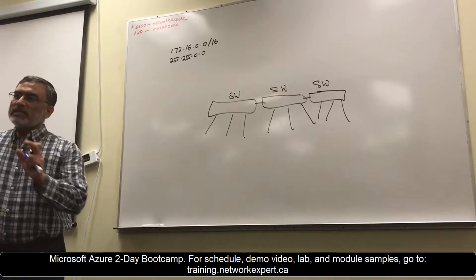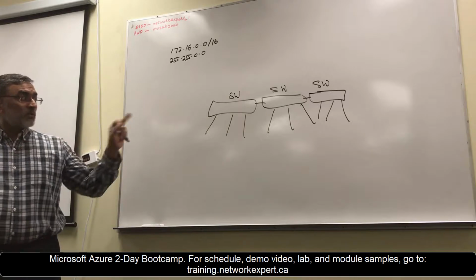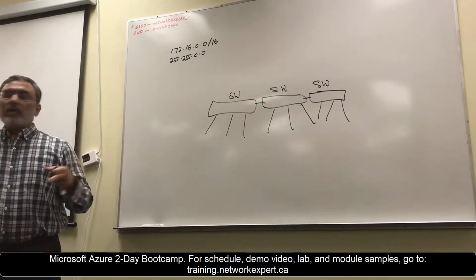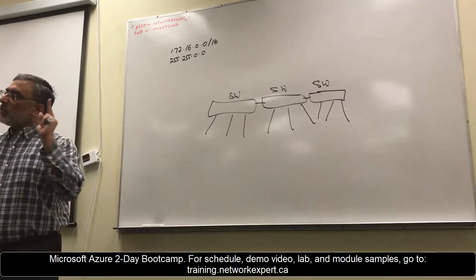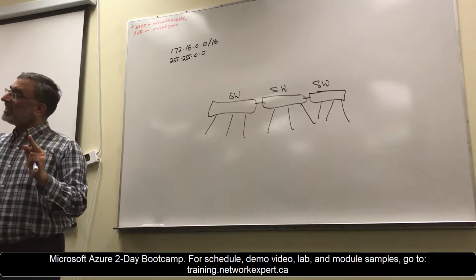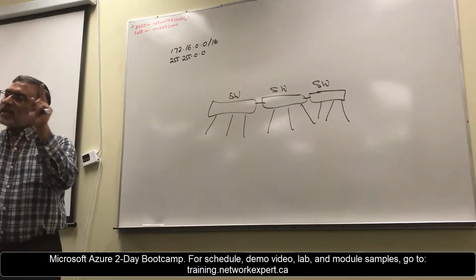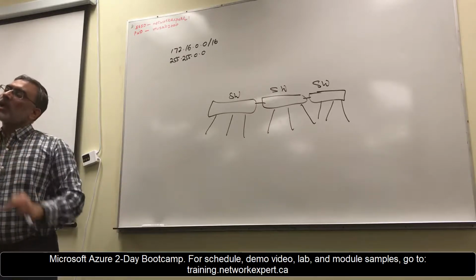I will not go into the detail because Imtiaz will explain this to you, but one of the problems is that we are using one big network and putting all the devices with their IP addresses in the same network. This is actually a broadcast domain.